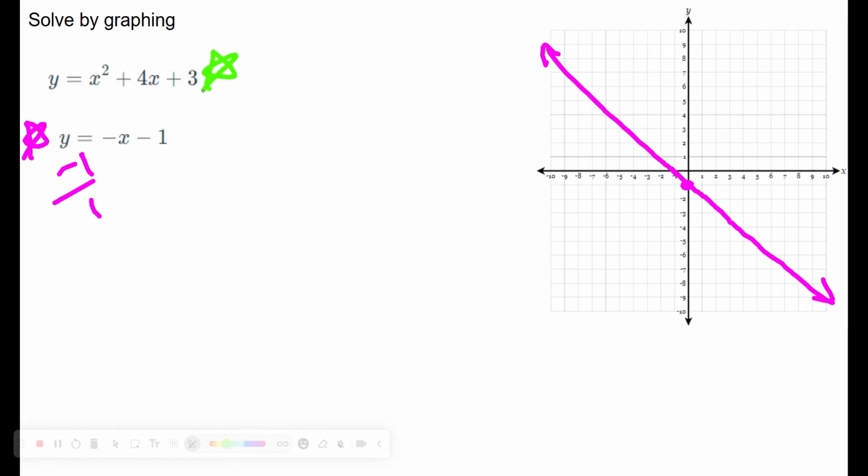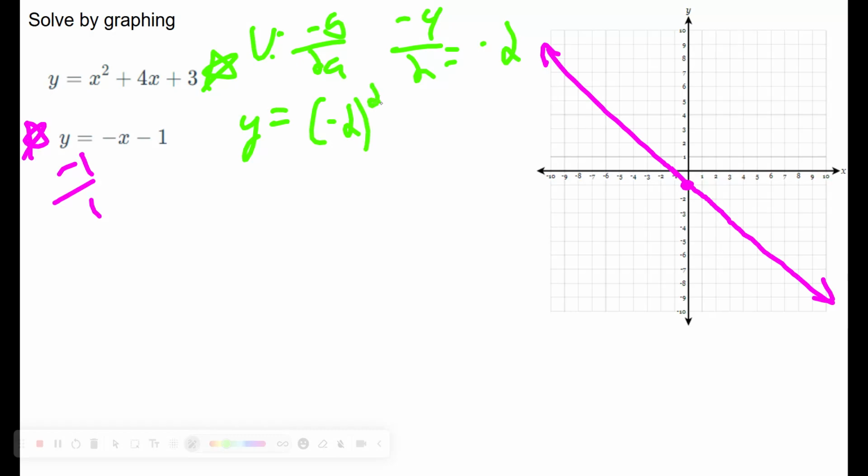Let's start with the vertex here. I want to do my -b over 2a for my x value. -4 over 2 times 1 is -2. That's my x value. My y value, I'm going to plug in that -2: -2 squared, plus 4 times -2, plus 3.